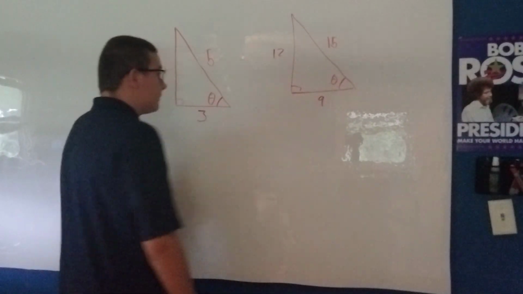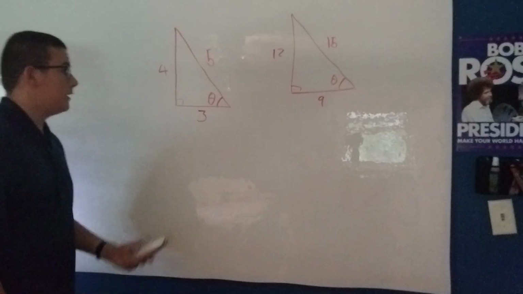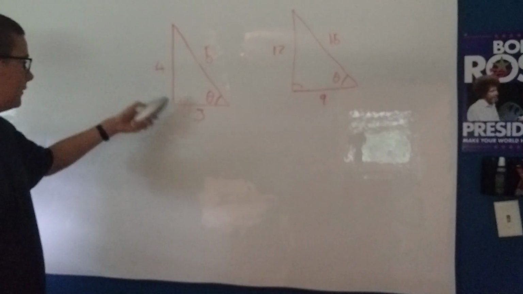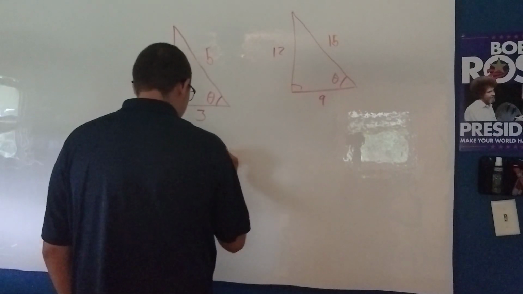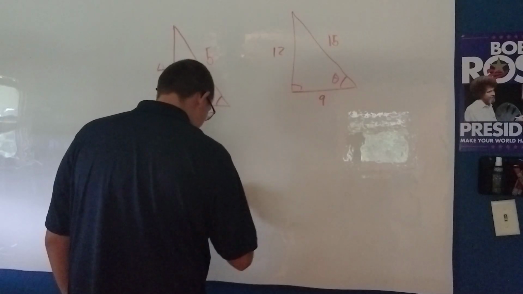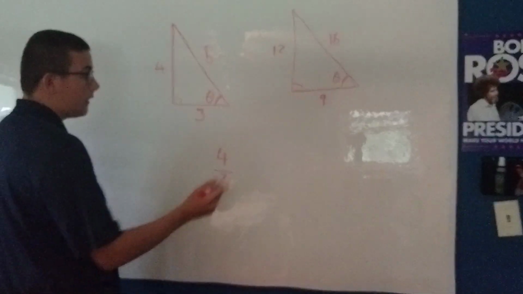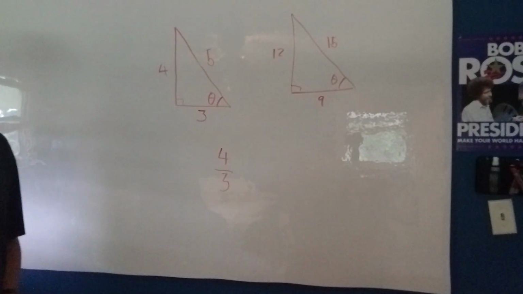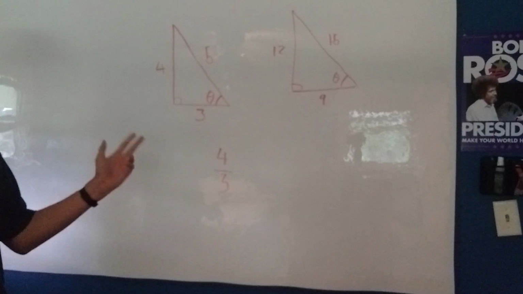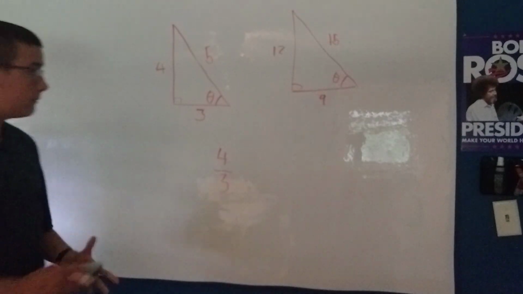Like that. Now, theta is going to stay the same, but if we take the opposite over the adjacent, that gives us 4 thirds. And then if we take 12 over 9, well, we simplify that, right? We can divide both of those. 3 goes into each of those. 3, 6, 9, 3, 6, 9, 12.